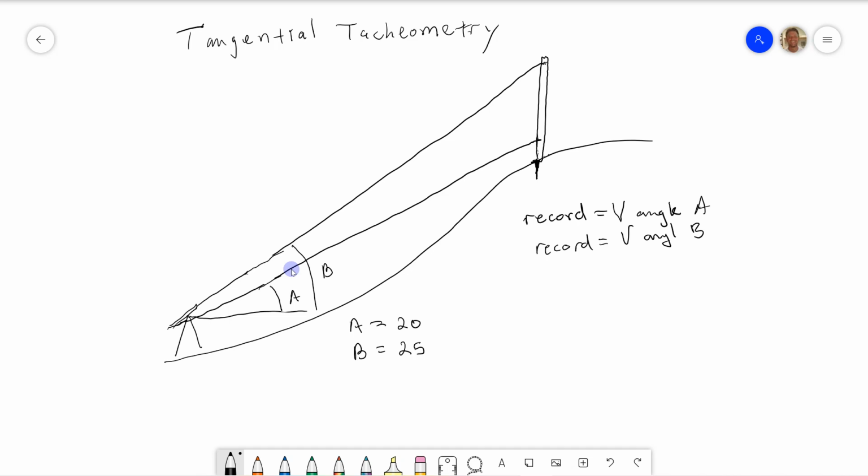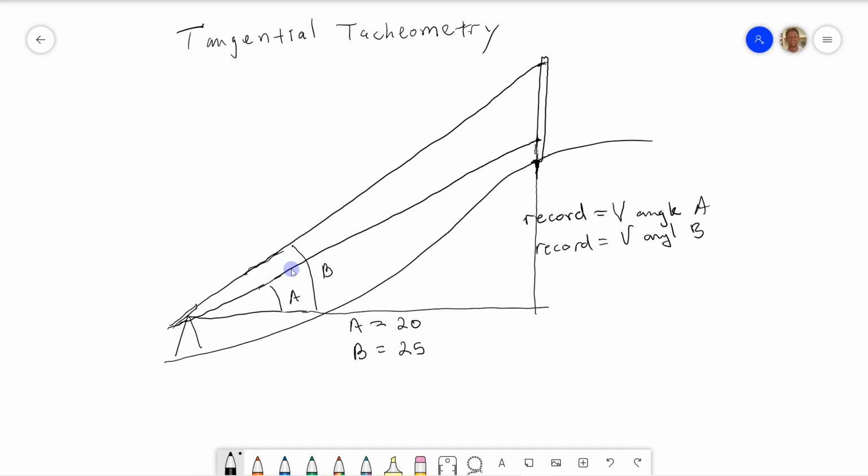So let's see if I can remember how this works. I have to scratch my head here for a second. Alright, so we've got an angle here, and theoretically this goes down here like this.